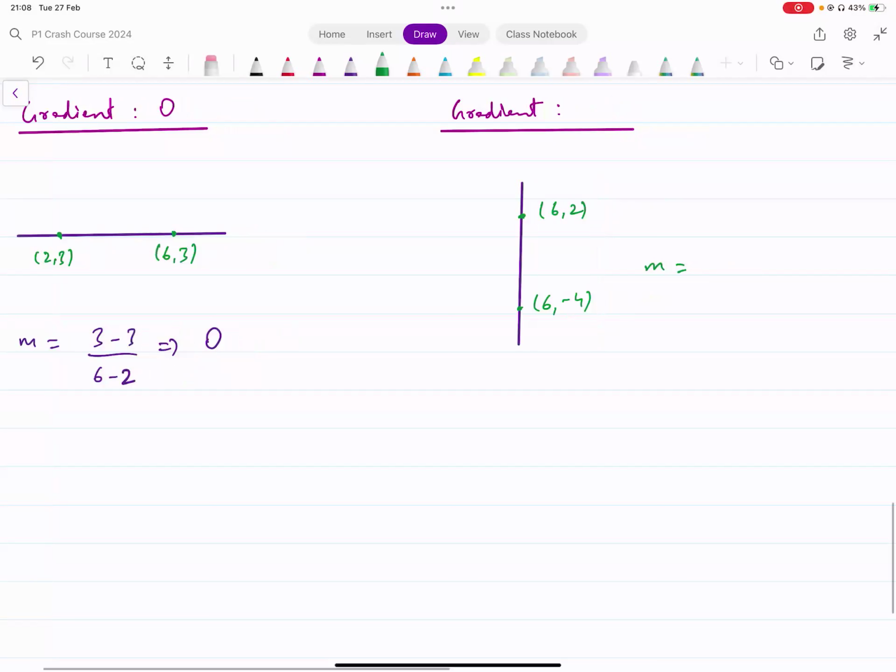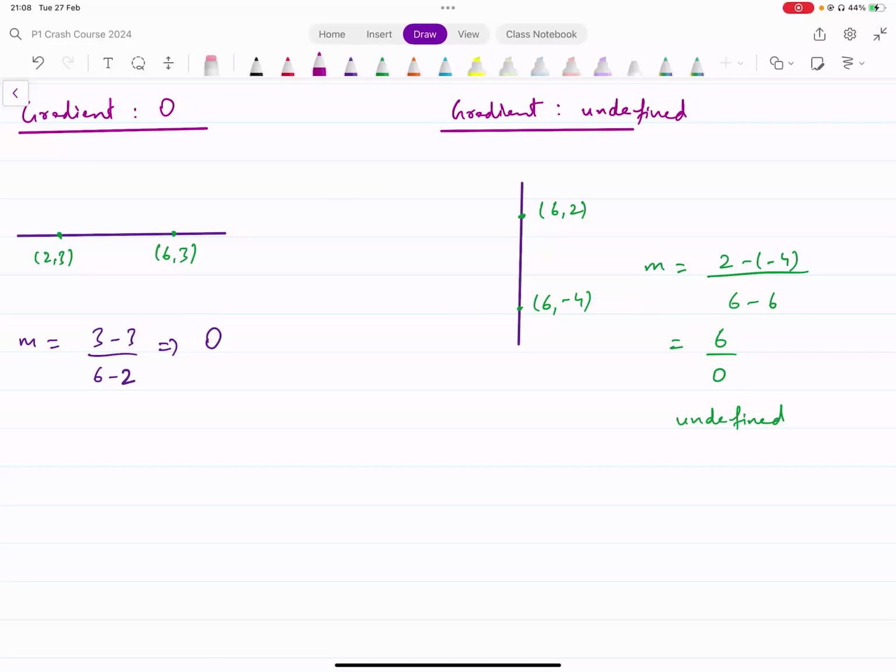Change in y, whatever that is, 2 minus -4 in this case. Since the x coordinates are the same, the denominator here is going to turn out to be 0. So you have 6 over 0. Now anything over 0, what's that? Anything over 0 is undefined. So the gradients of vertical lines, they are undefined.